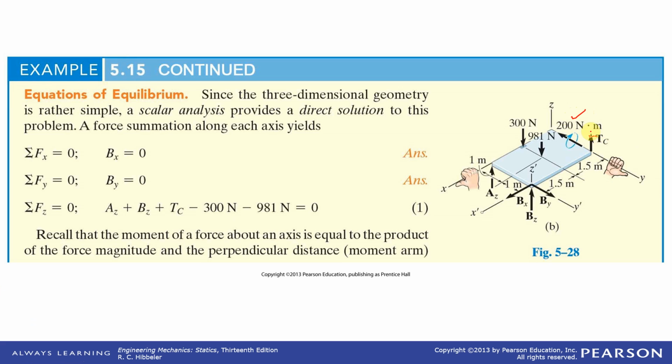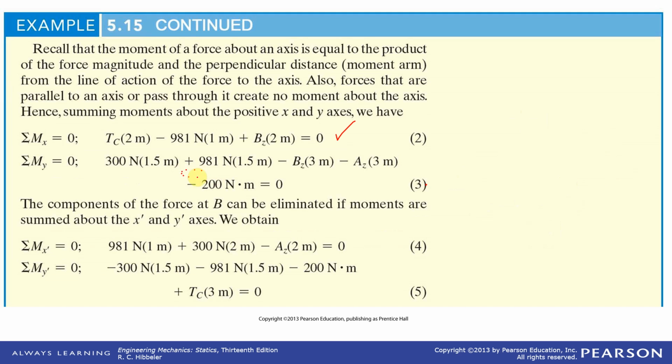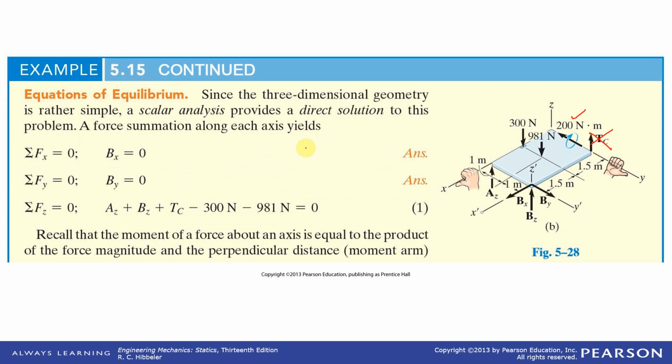We don't have to worry about TC. These two are going to contribute. So that would be 981 plus 300, or 1281 times 1.5. And that would be in the positive y. So 981, 300 times 1.5 in the positive y direction.